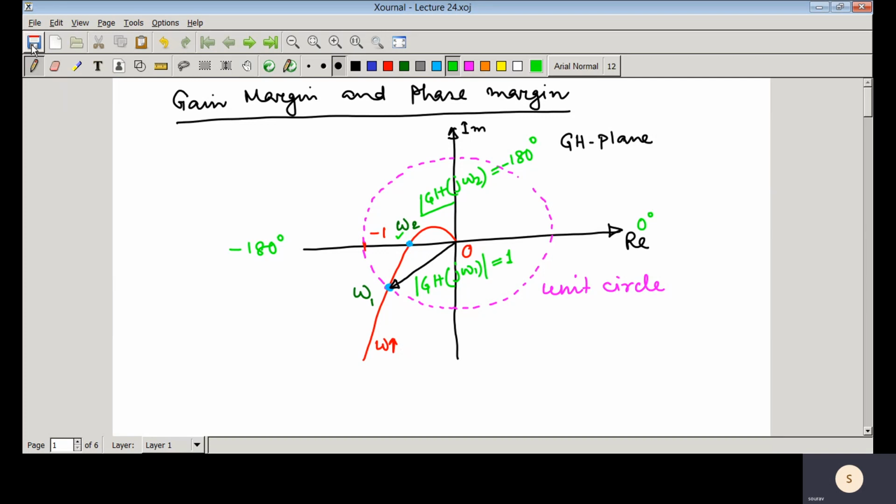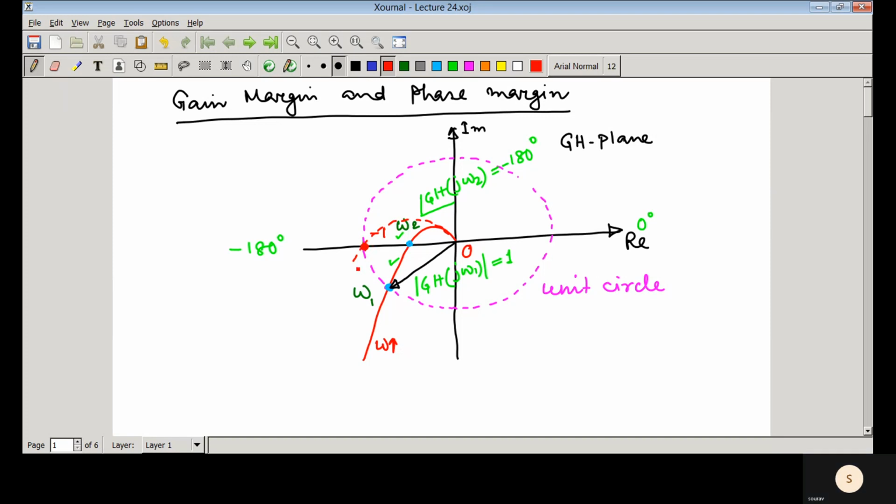So if this Nyquist plot is very close to the critical point, then the number of encirclements would be different if we give a little perturbation to the system. Suppose we change the gain of the system.